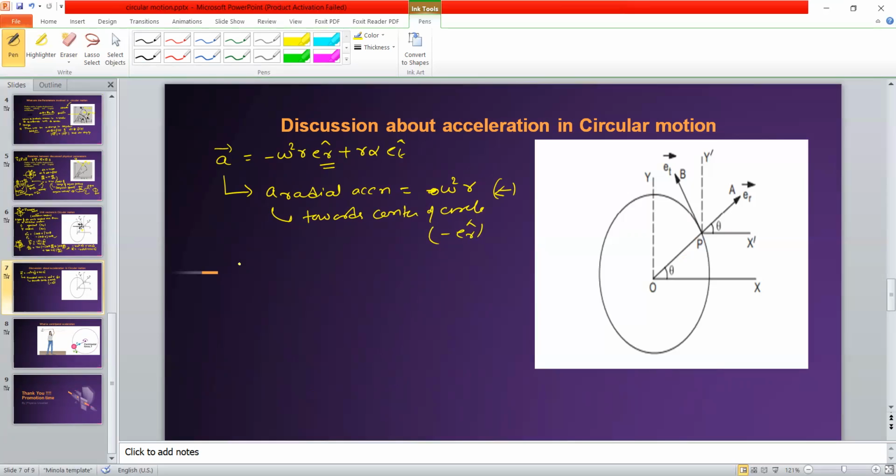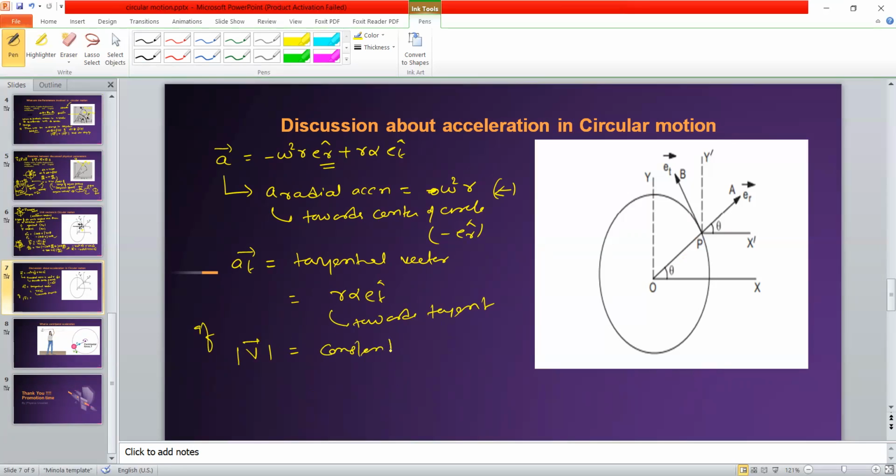The second is the tangential acceleration. Tangential acceleration is nothing but r alpha et, so the direction is towards the tangent. Now, if speed is constant, then dv by dt is equal to 0, so the tangential acceleration is 0.